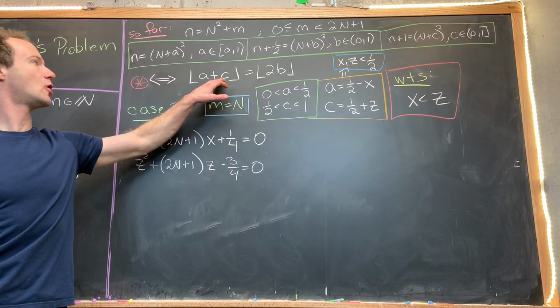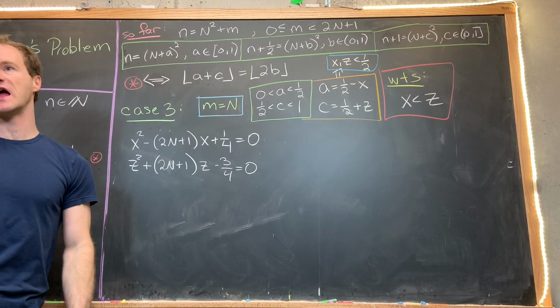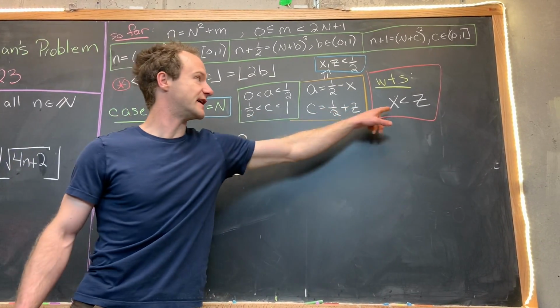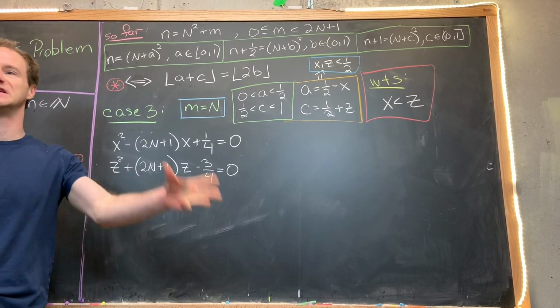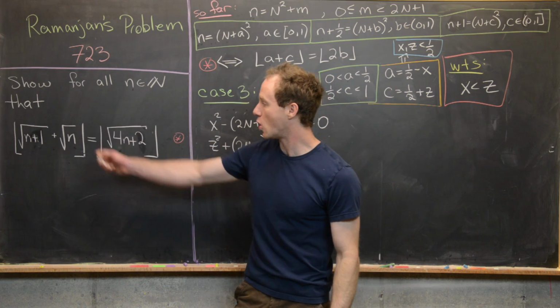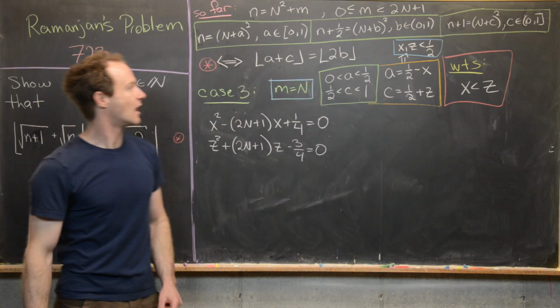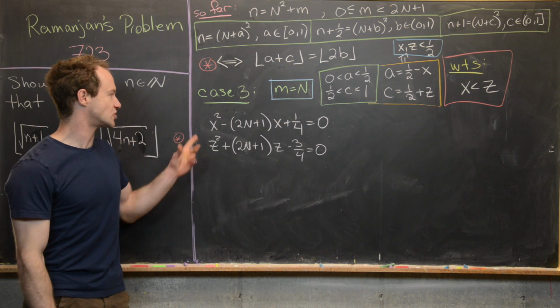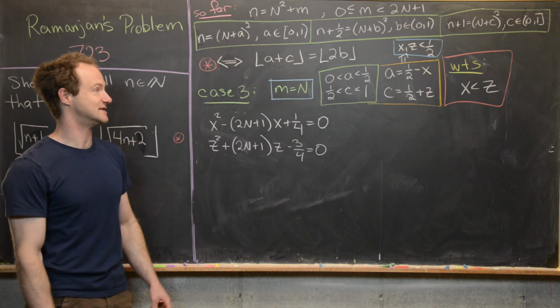And notice that our goal identity here, which was the floor of a plus c equals the floor of 2b, is now equivalent to x is less than z. And notice this whole thing is equivalent to showing our goal identity over here. Okay, and then also notice that we constructed these following quadratic equations for x and z.